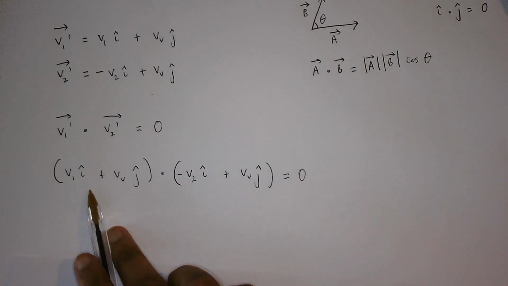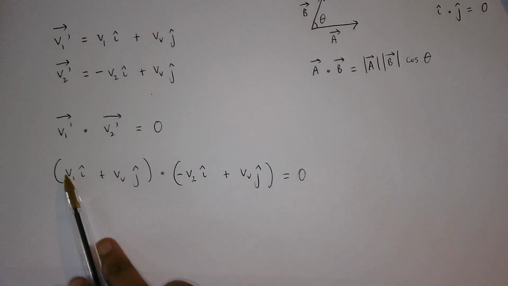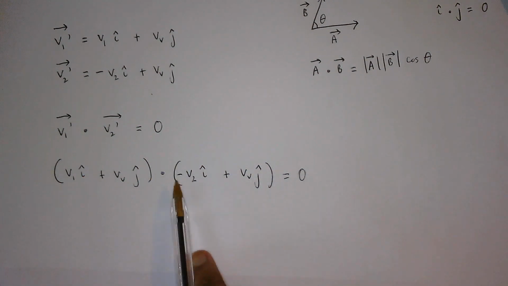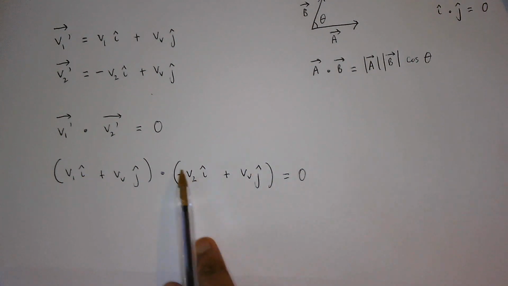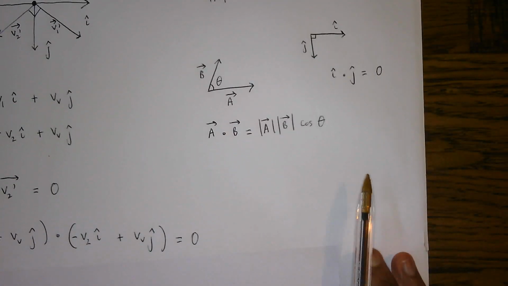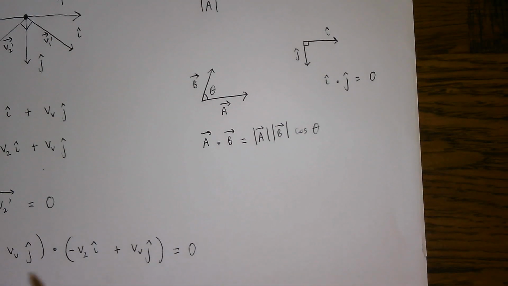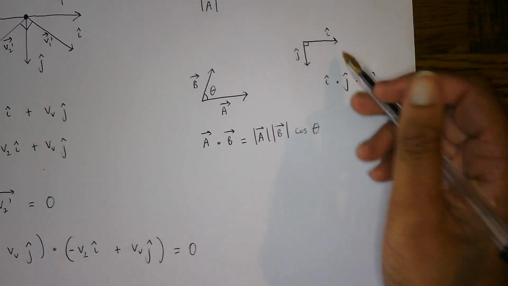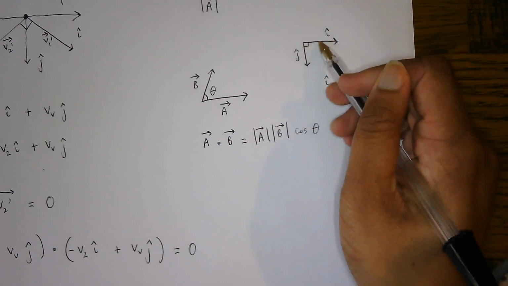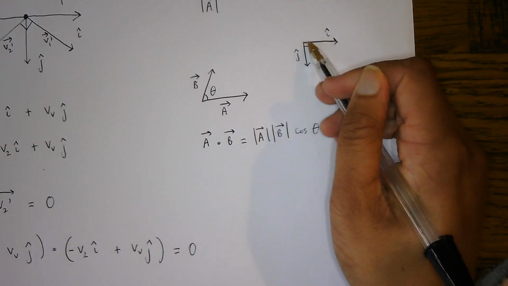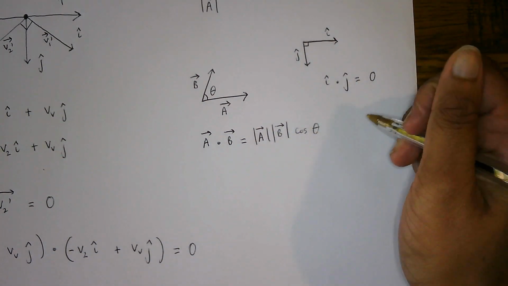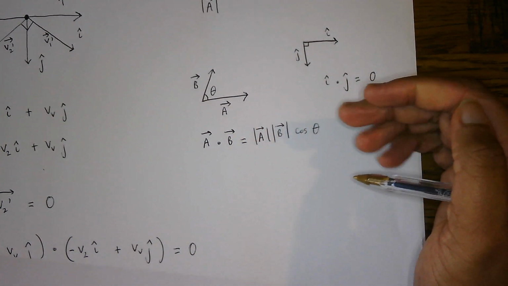So once we start expanding this, we can see what happens. We've got v1 i dot minus v2 i. If we go back over here, if you're trying to do I dot I, the angle between I and I is just 0, because it's the same vector.